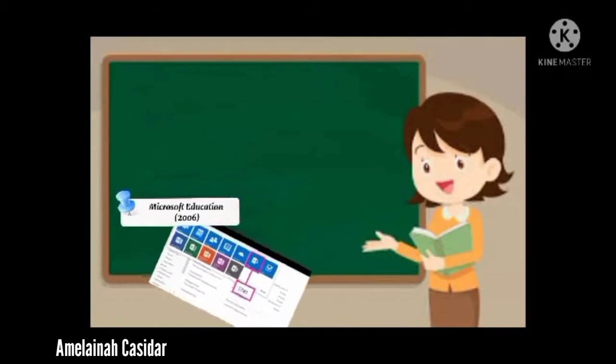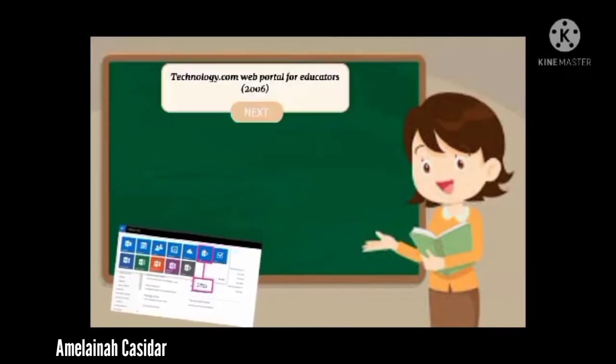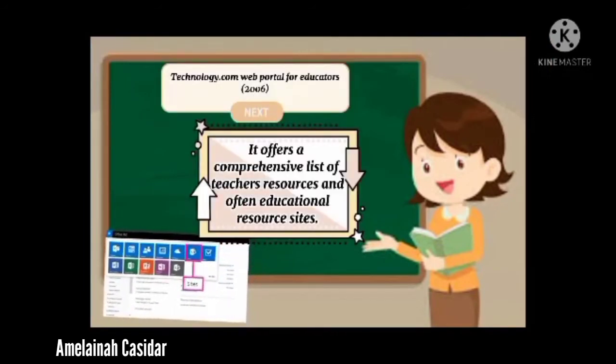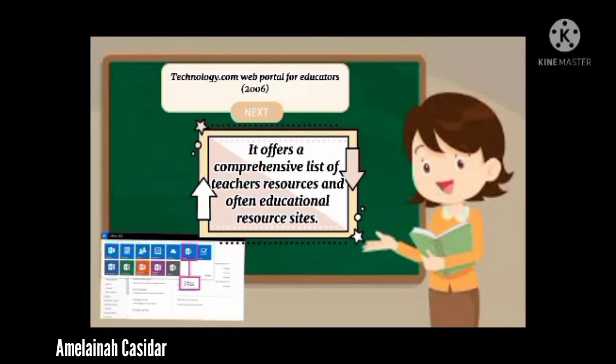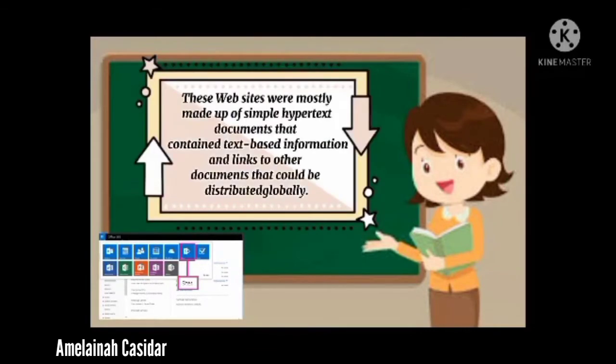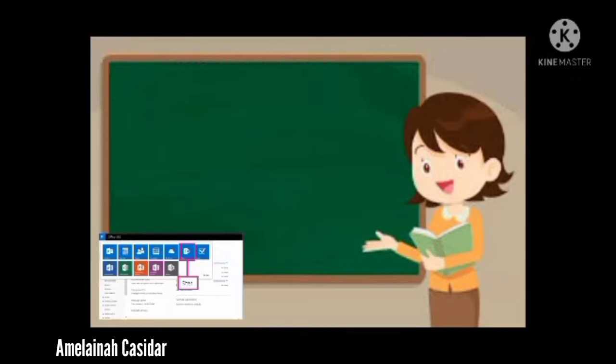The third one is Microsoft Education 2006 and Technology.com Portal for Educators 2006. It offers a comprehensive list of teacher resources and open educational resource sites. The websites were mostly made up of simple hypertext documents that contain text-based information and links to other documents that could be distributed globally.